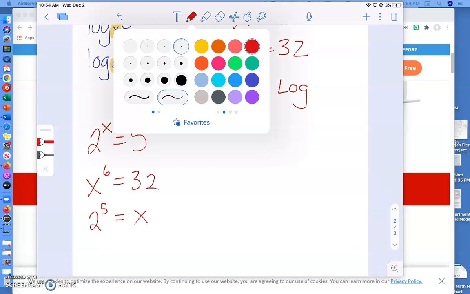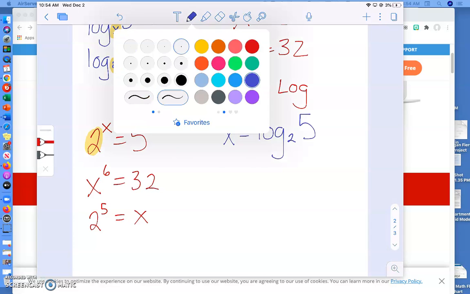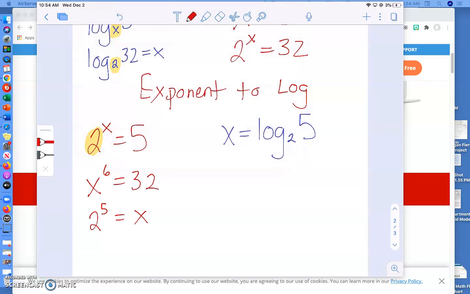What are these as logs? Again, a log solves for the exponent. So x equals log, what's our base? Our base is 2, of 5. The next one, what's our exponent?